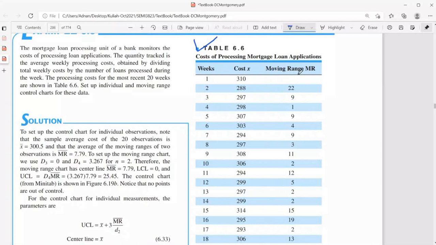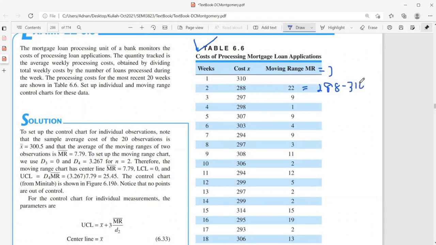We don't have a moving range for the first number. In week number 2, we have 288. So the moving range, remember, is the current value, in this case 288, minus 310.